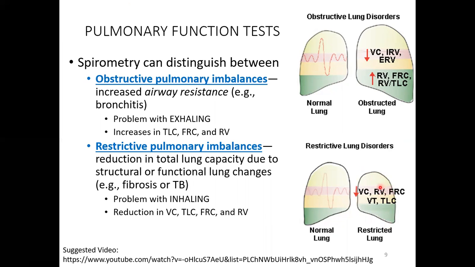Your residual volume goes down, pretty much everything decreases in a restrictive pulmonary disorder. Again, as opposed to an increase in residual volume and a decrease in vital capacity and IRV in particular.